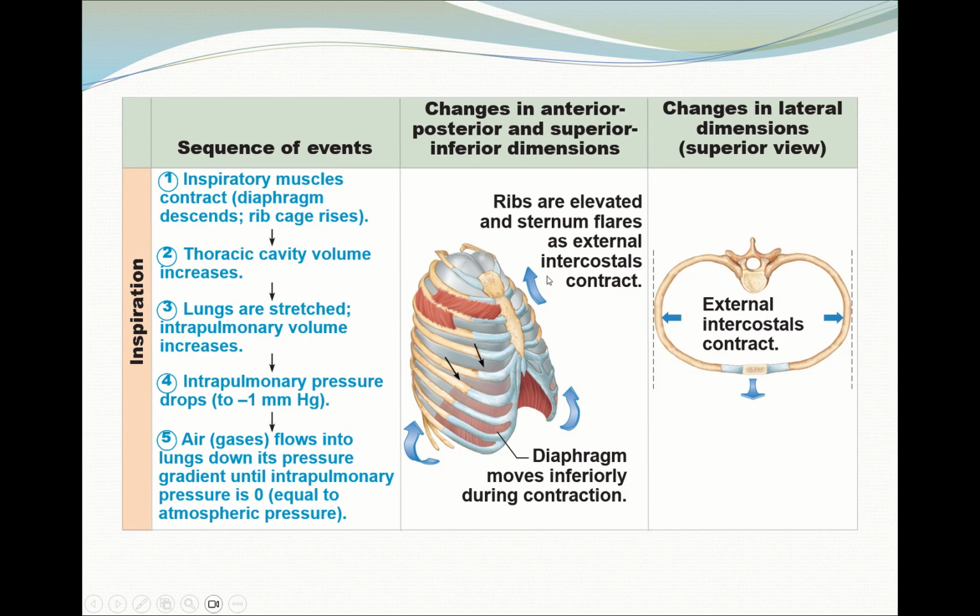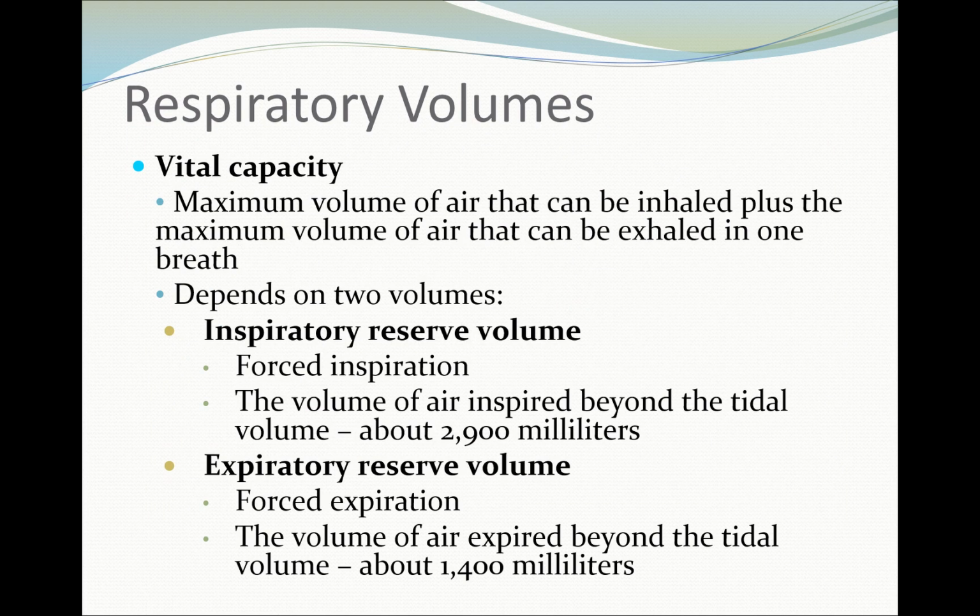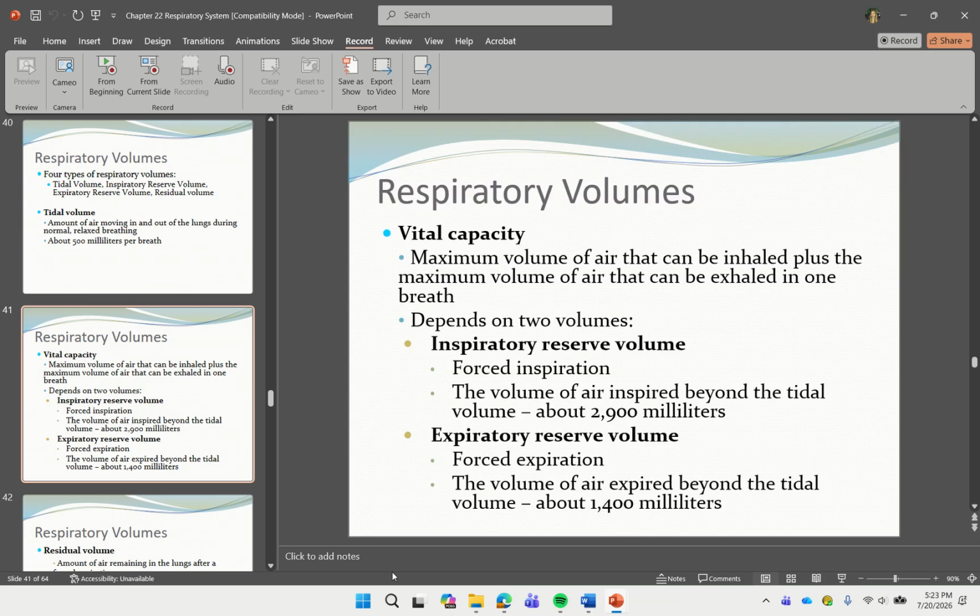So we can see in the middle column of this table that changes in the anterior, posterior, and superior, inferior dimensions. So ribs are elevated and the sternum will flare as the external intercostals contract. And the diaphragm will move inferiorly during contraction. And then we can see the changes in the lateral.